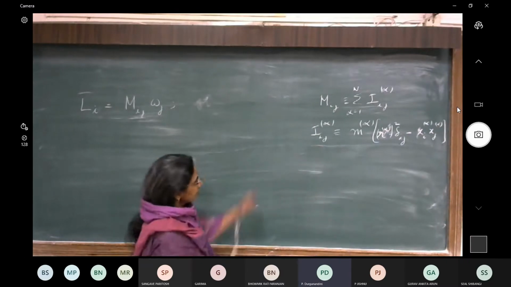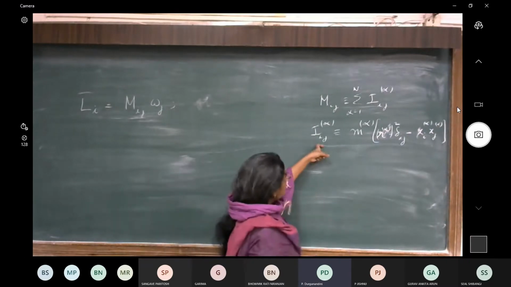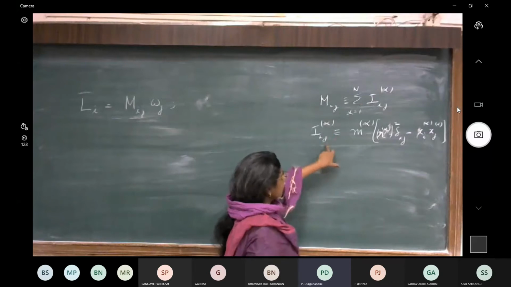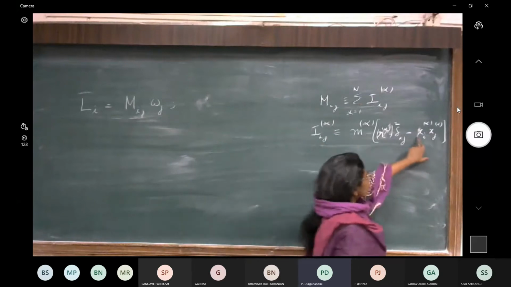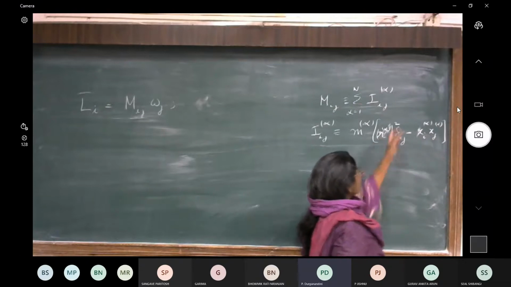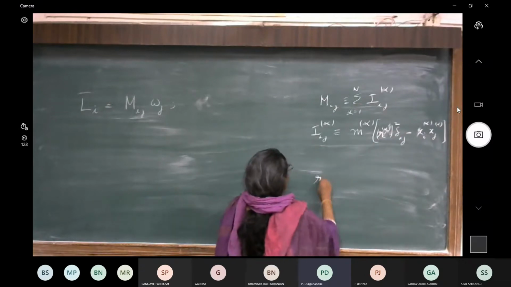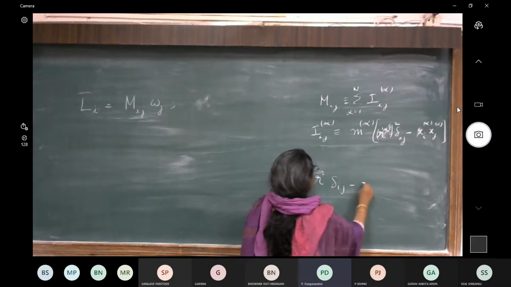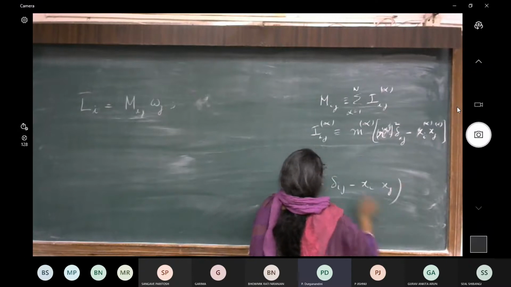or in other words, this I is a second rank tensor. So for the alpha particle, it is a second rank tensor depending upon the components of the position vector x_i, x_j, and r. So it's like r squared. Most generally you can say it's like r squared delta_ij minus x_i x_j.